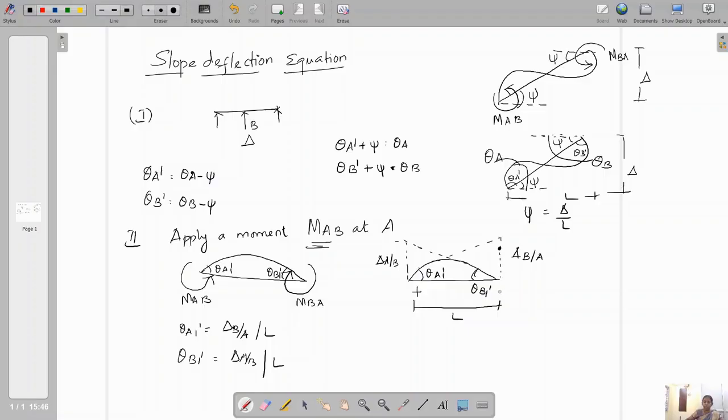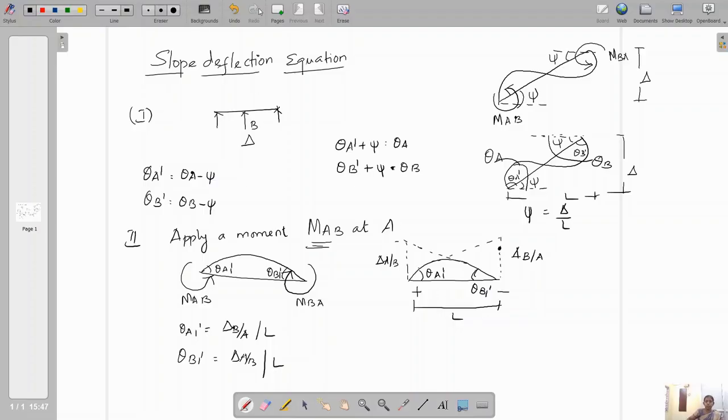So it is minus. The sign convention is first we have applied the moment in the same direction of the parameter taken into consideration, but our resultant moment at B is not the same direction as this. So we are putting negative to that point.